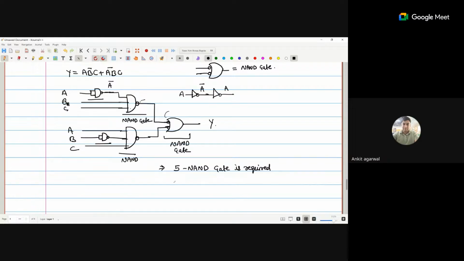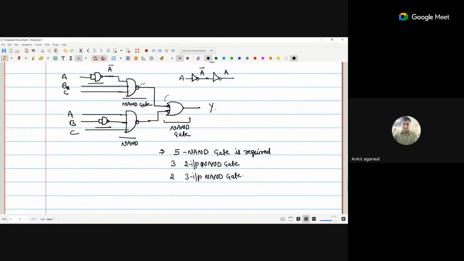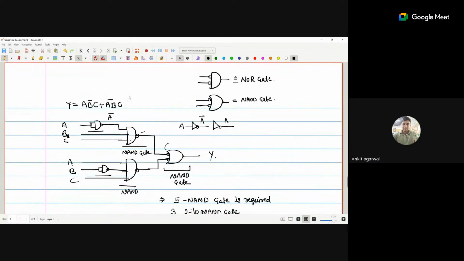Now out of this 5, 3, 2 input NAND gate, and 2, 3 input NAND. Okay. That way you can also use to implement using universal gate.